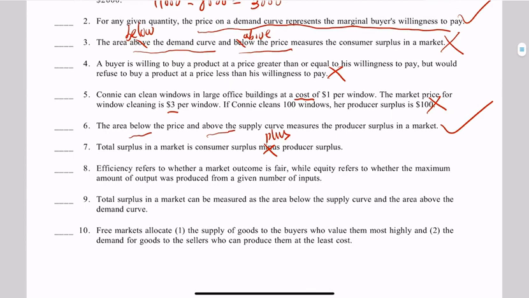Efficiency refers to whether a market outcome is fair, while equity refers to whether the maximum amount of output was produced from a given number of inputs.